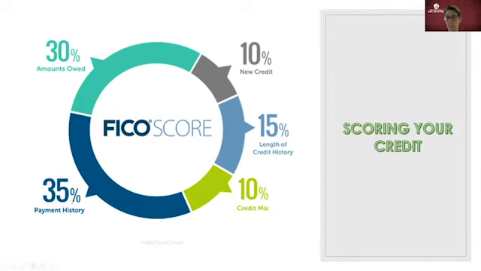So payment history is 35%. And that's just like, have you been paying on time, basically. 30% is amounts owed. 15% is your length of credit history. It's like, how long have we known you? 10% is credit mix. It's like, I can handle all of these different things. 10% is new credit. It's like, I haven't tried to open a bunch of new accounts. So this is FICO's basic breakdown of their credit scores.